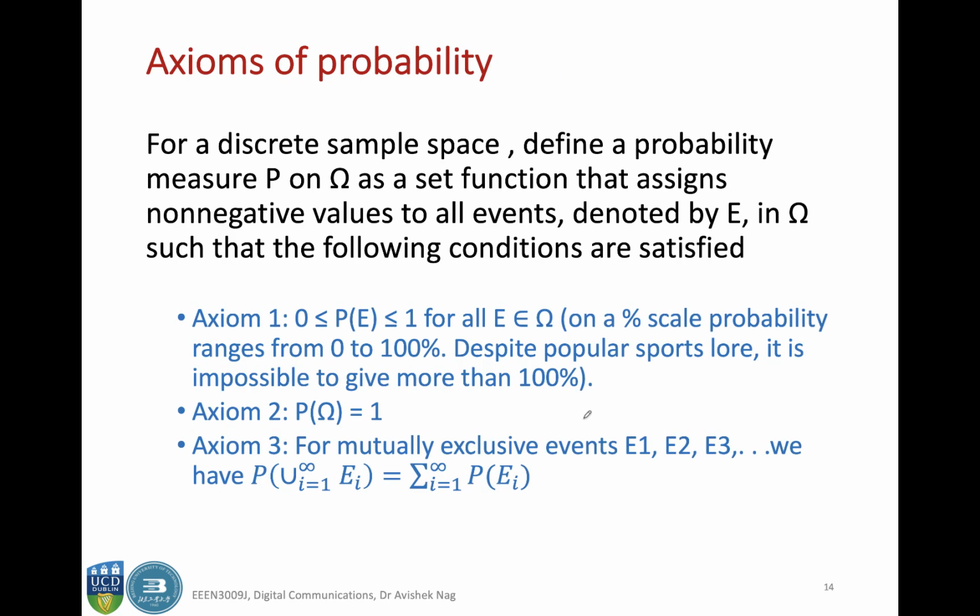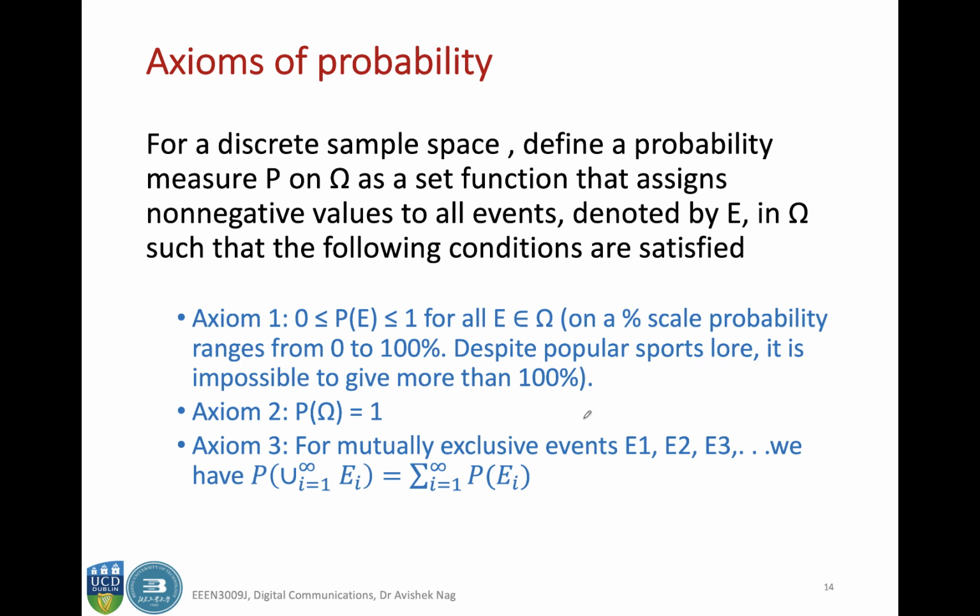And then there are the 3 axioms of probability. For a discrete sample space, you define a probability measure P on the entire sample space as a set function that assigns non-negative values to all events, denoted by E in capital sigma, such that the following conditions are satisfied. The first axiom says that the probability of an event E should always be between 0 and 1.